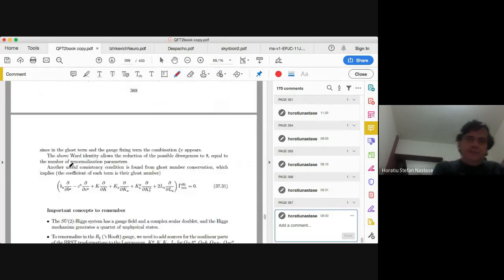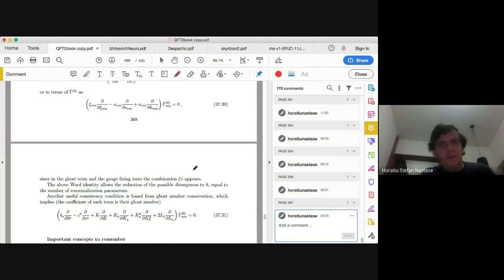And finally, another useful consistency condition, not something that reduces divergences, but just a consistency condition that makes sure that we did the right calculation, comes from ghost number conservation.